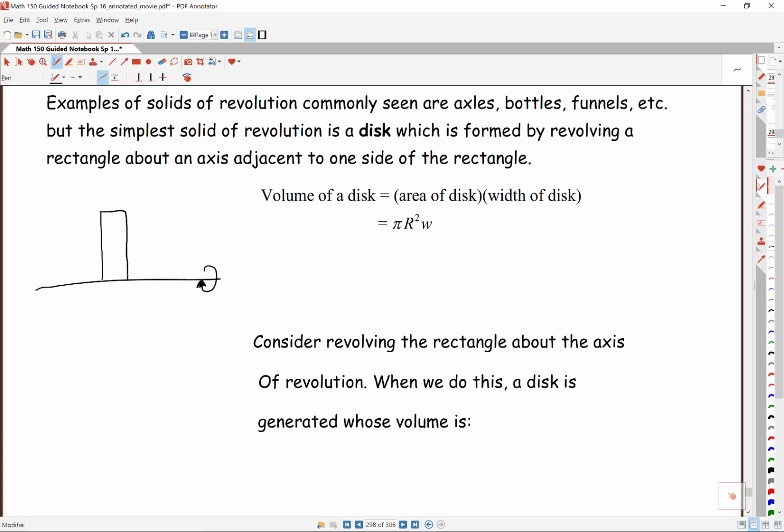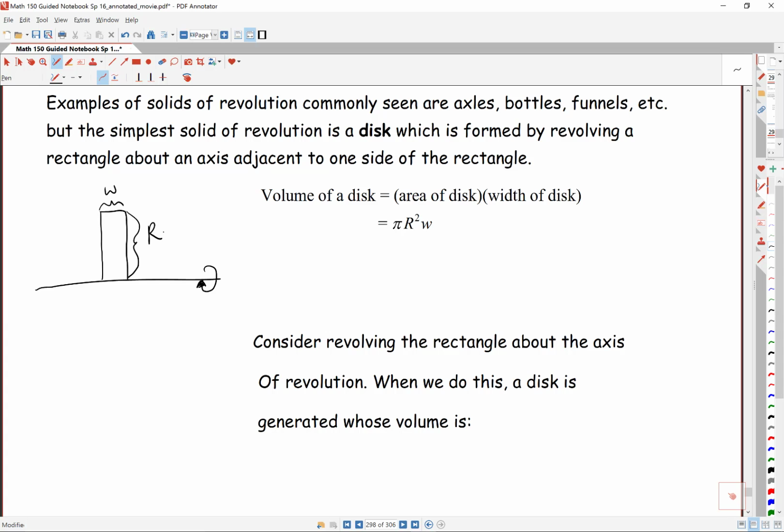So this here is your representative rectangle. You've got the width of the rectangle or the base, and here you've got the height of the rectangle, but we like to call this R, for radius.